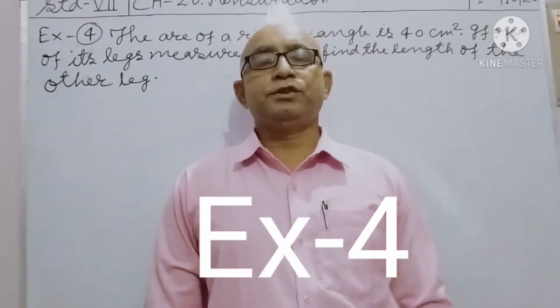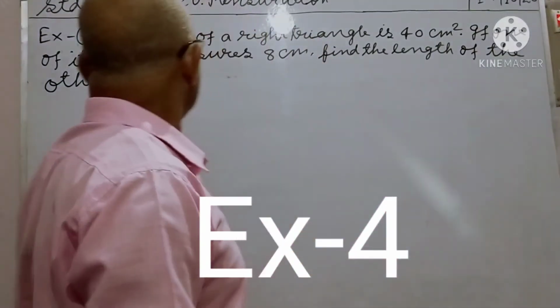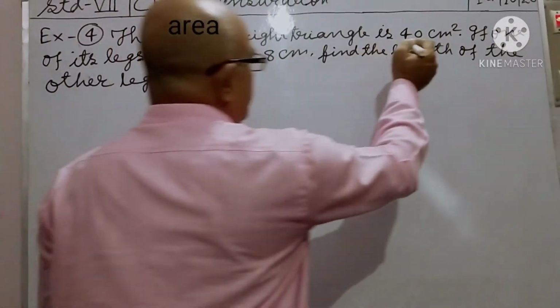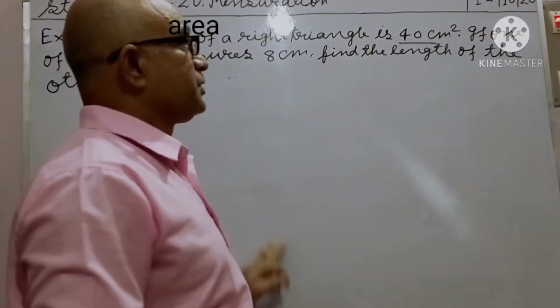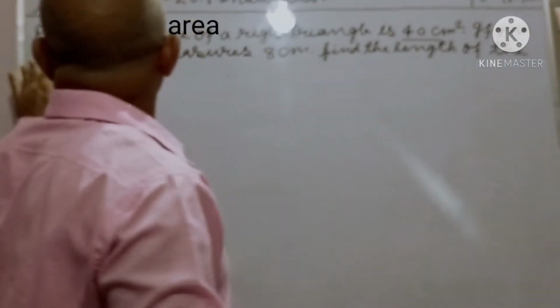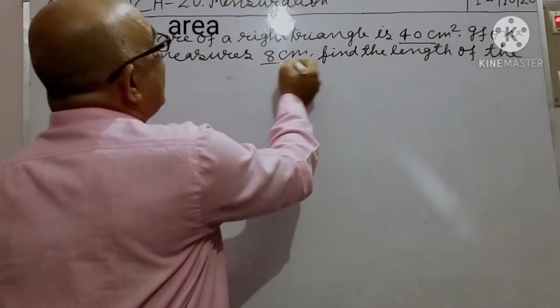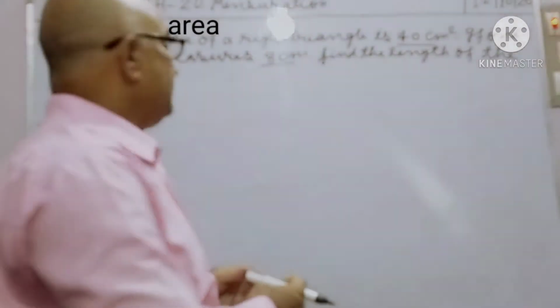Students, next question is example 4. In this question, the area of a right triangle is 40 cm square. If one of its legs measures 8 cm, find the length of the other leg.